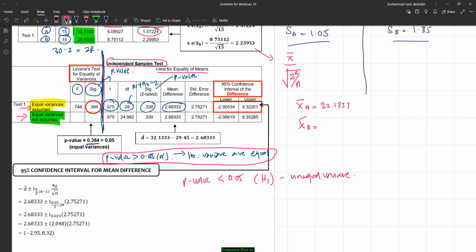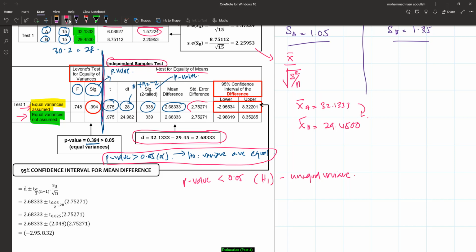Mean B is 29.4500. So 32.13 minus 29.45 is equal to 2.68. So this is the value of mean difference, the difference of two means, right?